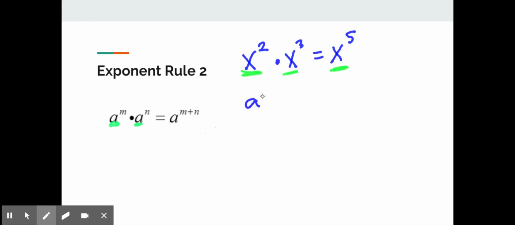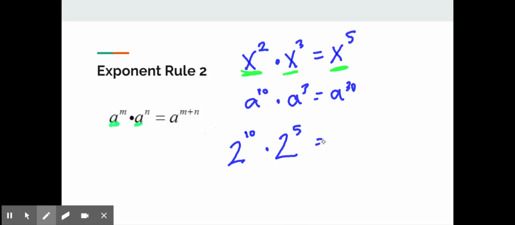I could have a to the 10th power times a to the 3rd power, and I'm going to get a to the 13th power. You don't have to have just a variable as the base. You could say 2 to the 10th power times 2 to the 5th power. And let's say you don't want to multiply each of these out separately and then multiply them together.